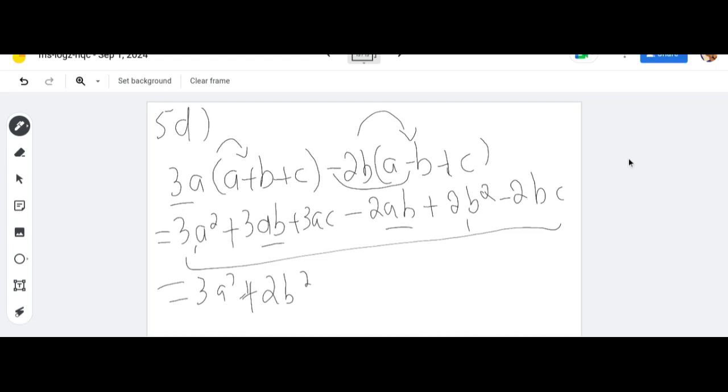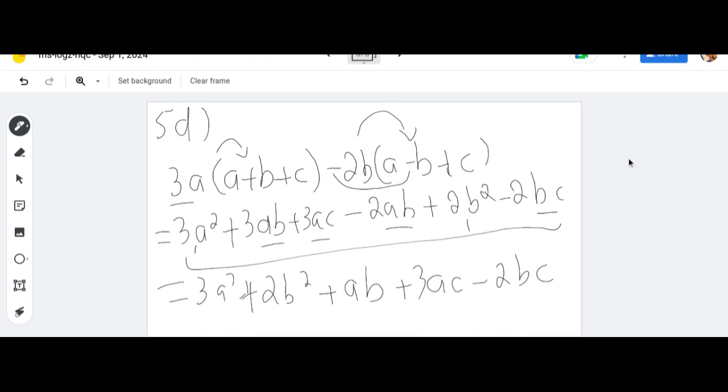I can solve them. Yes. ab plus 3 minus 2. 3 minus 2 gives me plus 1, na? Plus 1ab. Understood? Yes. And there is no ac, there is no bc, so I can write it down like 3ac minus 2bc. This is the first expression.